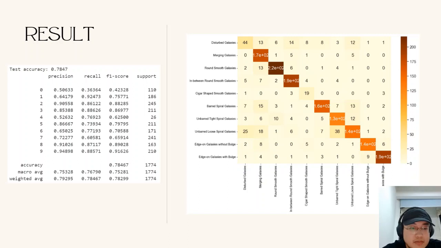As for the final result, our model gets a total accuracy of 78% on the test dataset. We also plot the confusion matrix. As you can see, the model performs pretty well on most classes, but for class 0, class 2, and class 6, the model makes more mistakes.